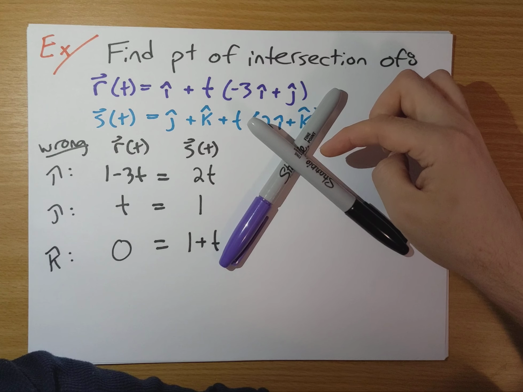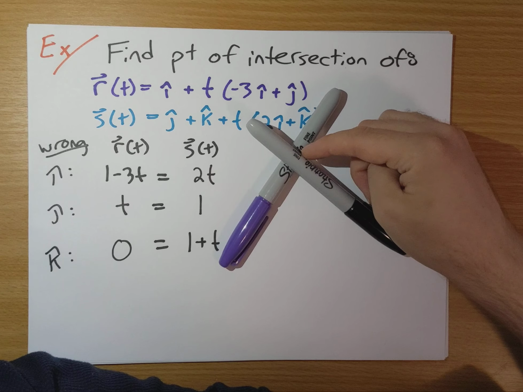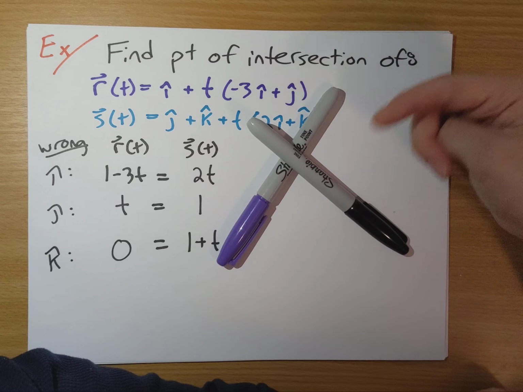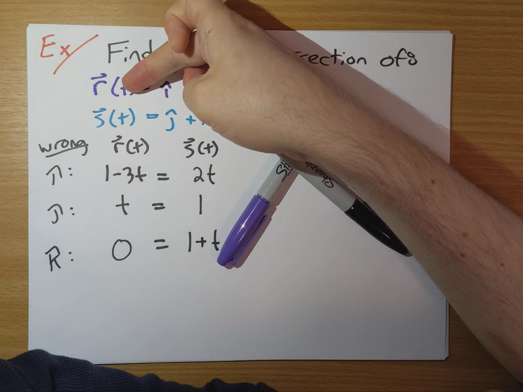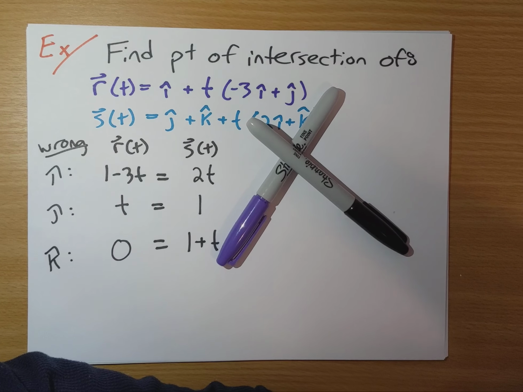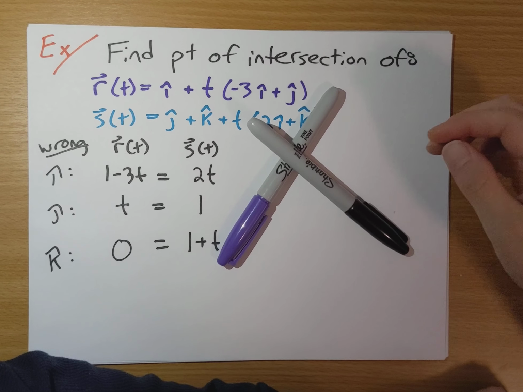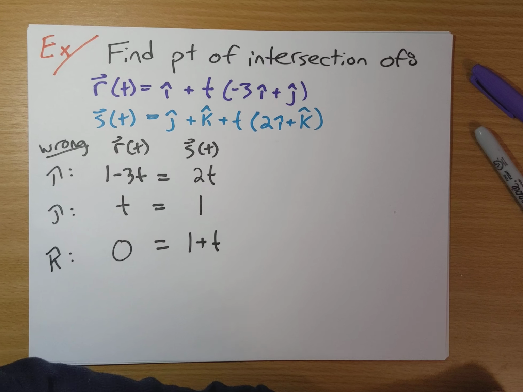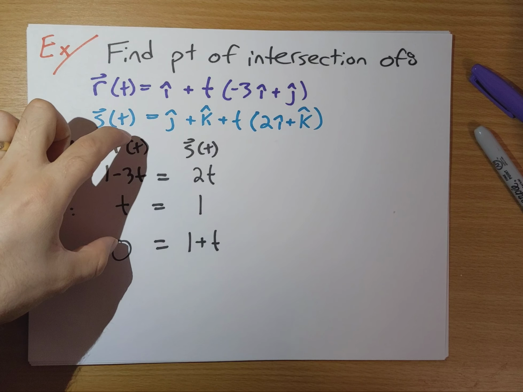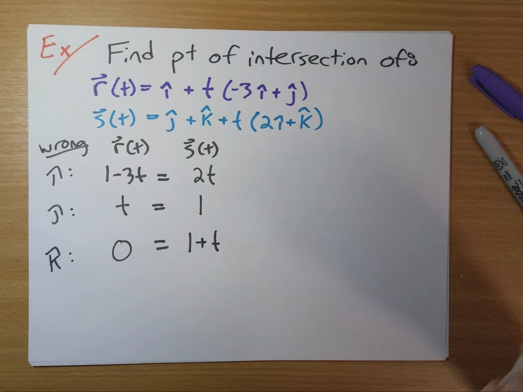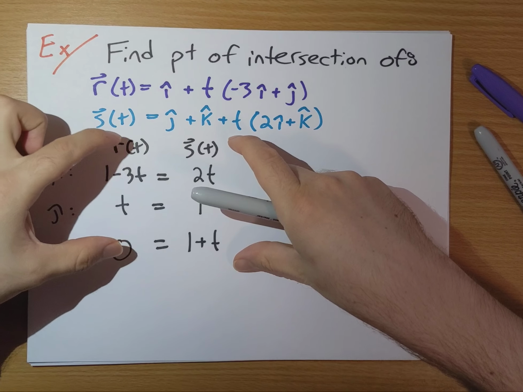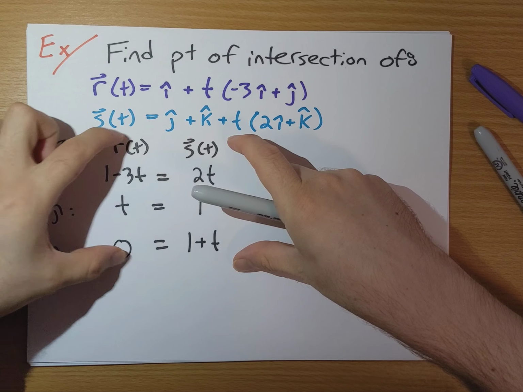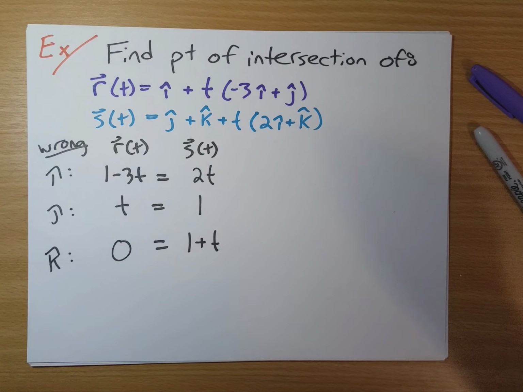So the thing is that these lines intersect at this point, but it's different t values for r of t and s of t. So how do we patch that up? We need to adjust the t values here to make them different. This setup is assuming that the t for r of t and the t for s of t are the same exact t, when that's not the case.